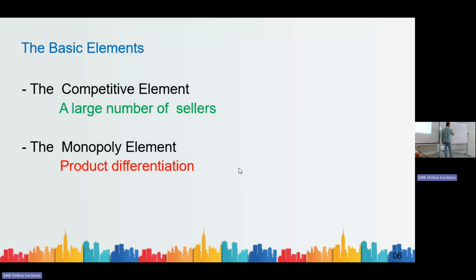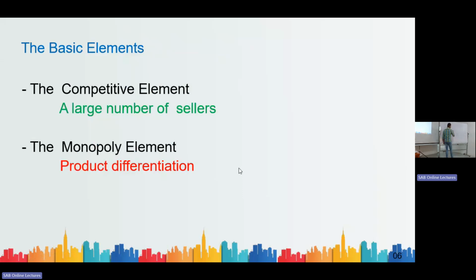That's why the characteristic is from monopoly, but not the same characteristic. Here the product is unique. Here it's not perfect. It is not 100% unique. But anyhow, it's differentiated. This is perfectly differentiated. No one is producing a product like this monopoly.